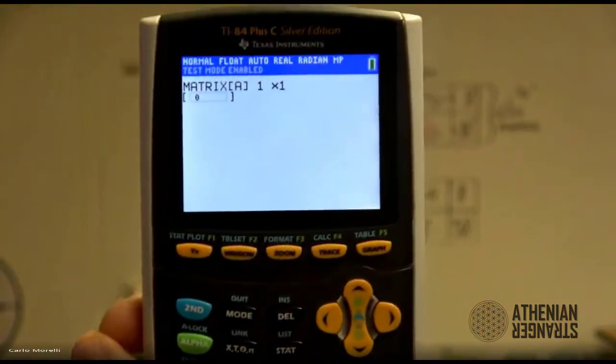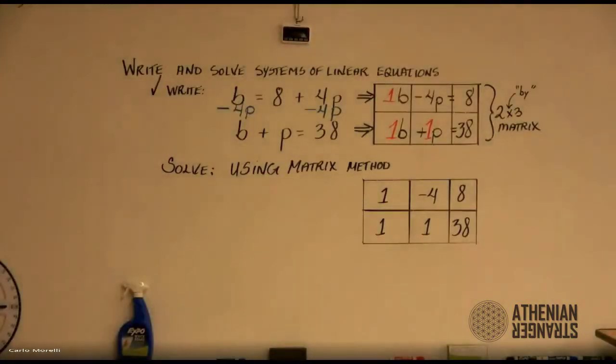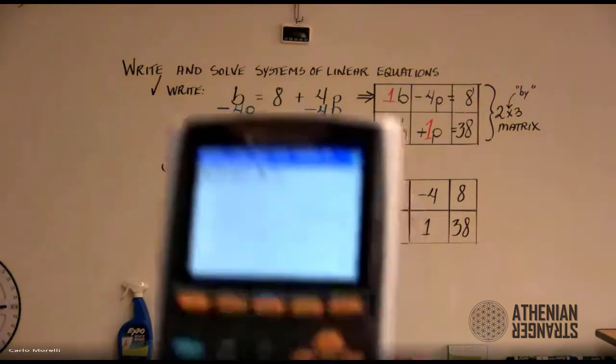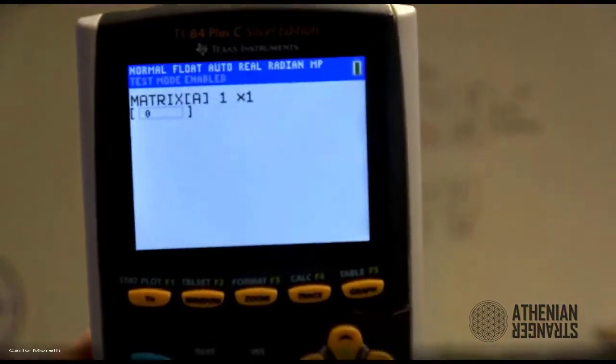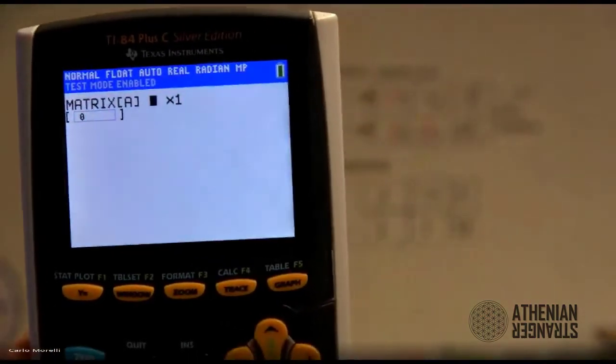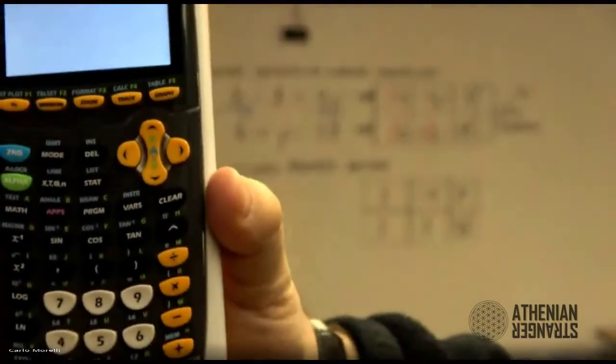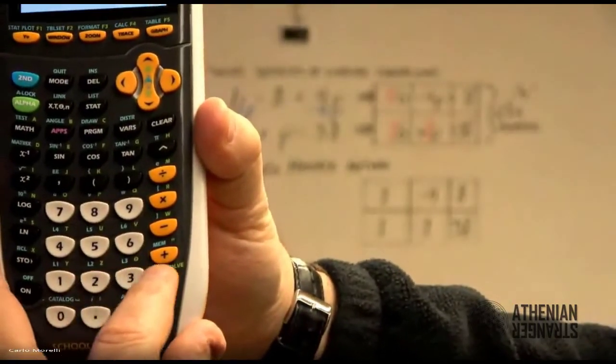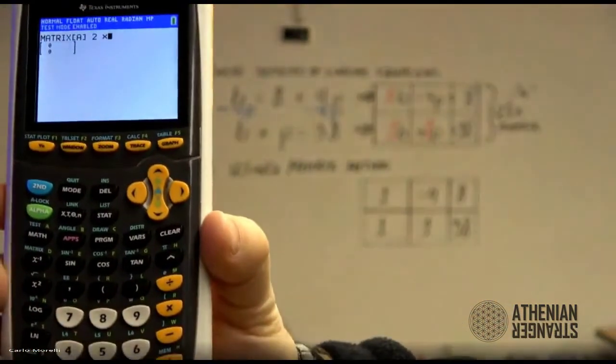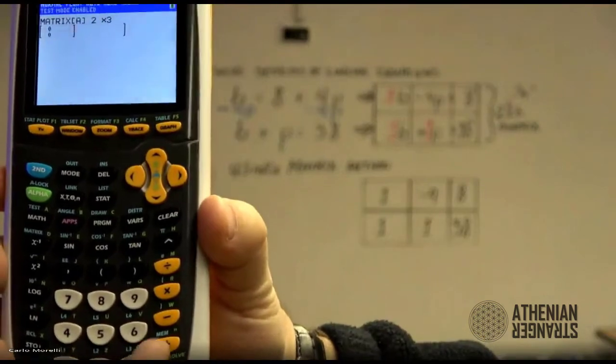Now, quick look back at the board. This is a 2 by 3 matrix. So back to the calculator. We're going to hit 2, enter, 3, enter.